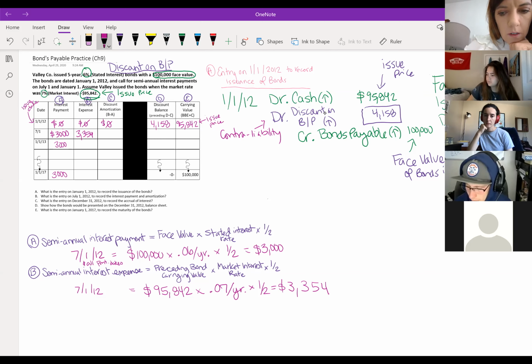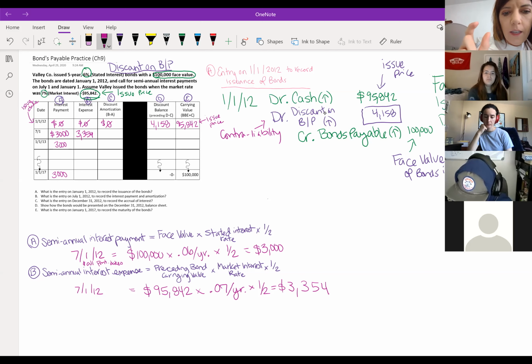Does everybody see that? We're expensing 3,354, but we're only paying out 3,000 in interest. And that difference is how much we're reducing our discount by. We're amortizing that discount, that amount that we allowed them to pay us less for those bonds.